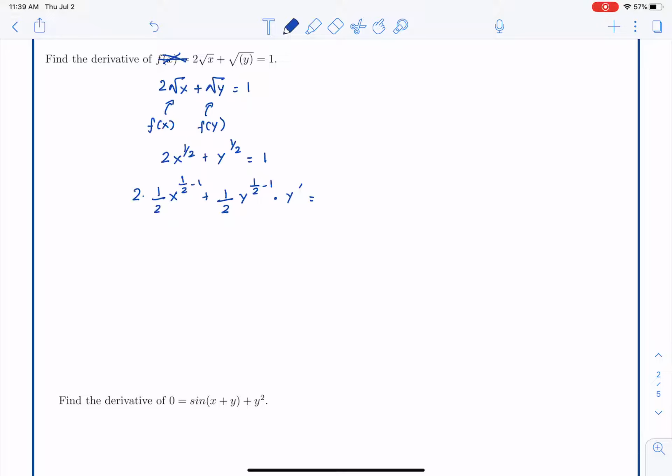And the derivative on the other side, the derivative of 1 is 0. So the 2's would go away, and we'd have x raised negative 1/2 plus 1/2 y raised negative 1/2 times y prime equals 0.